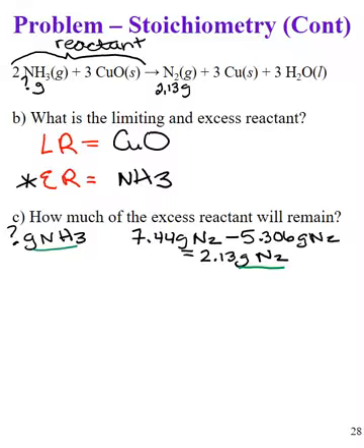So the first thing we're going to do, convert grams into moles of N2. Second thing, convert moles of N2 into moles of NH3. And then finally convert moles of NH3 into grams of NH3. All right, let's do it.